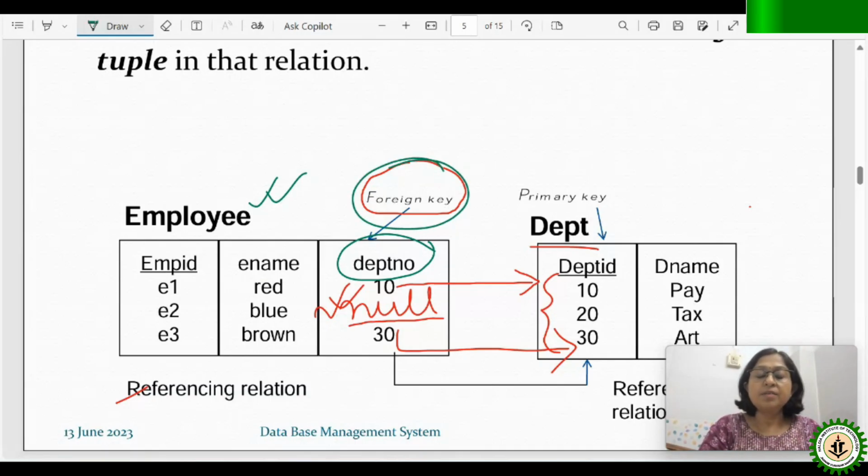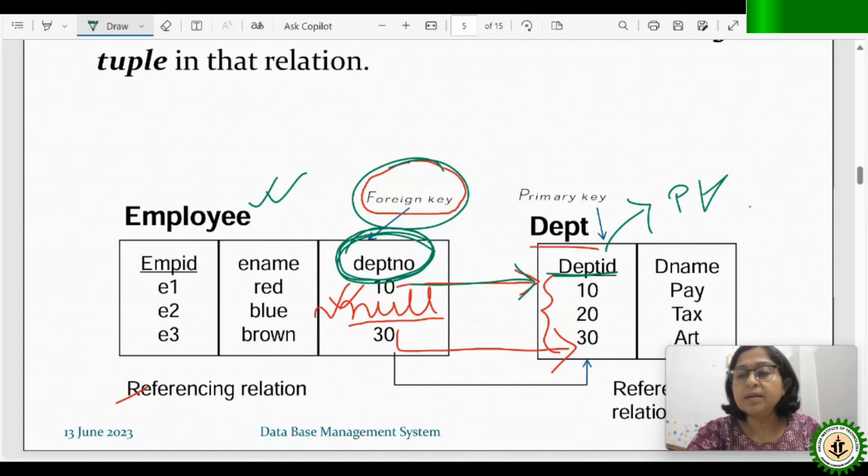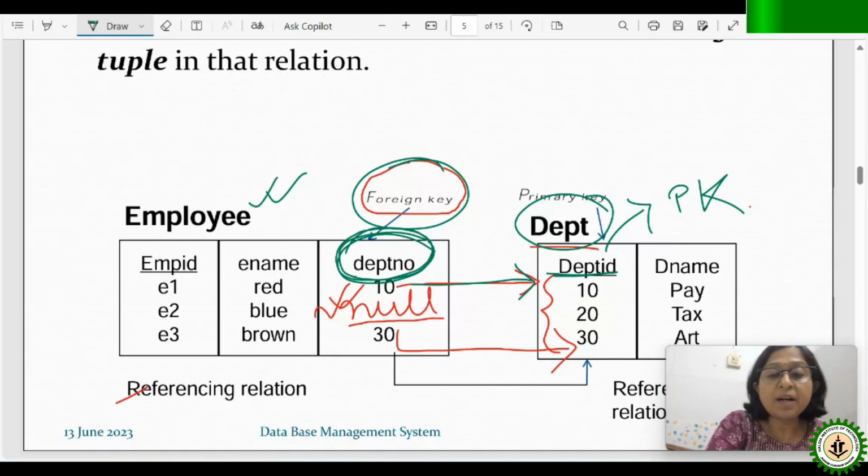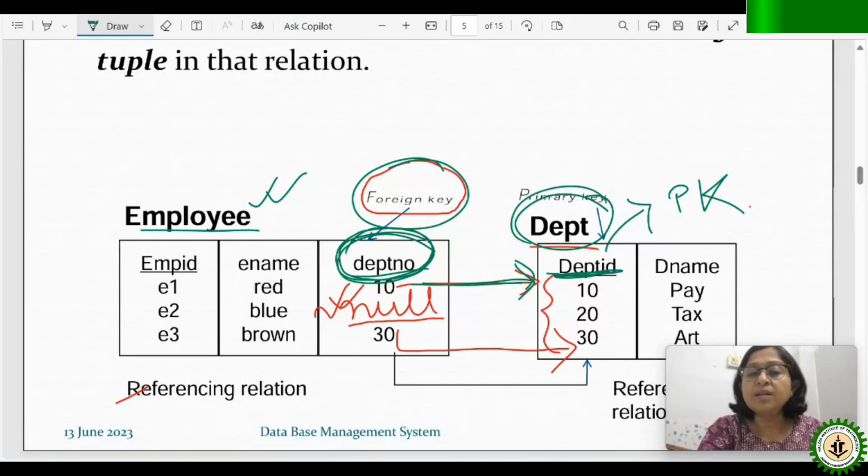That means we comment that the attribute of a table which references the primary key. I have said that it is a primary key of department table. We have already discussed that. And you see, the department number of employee table is referencing the primary key of another table.